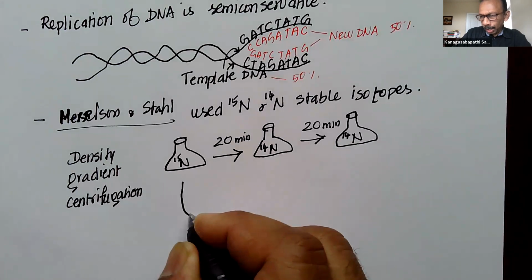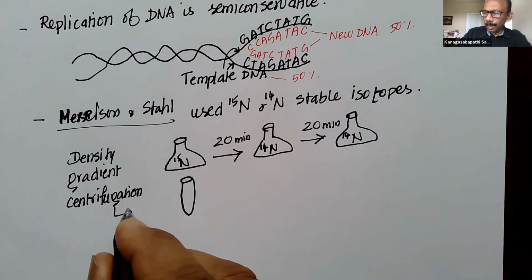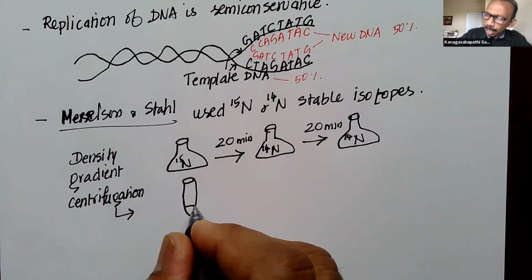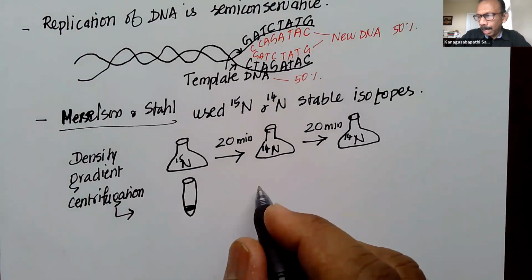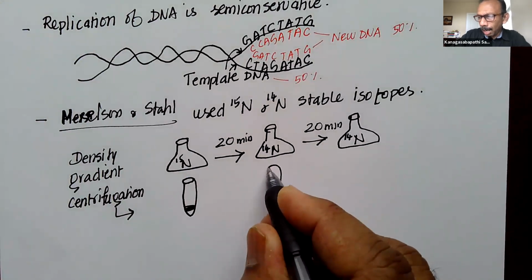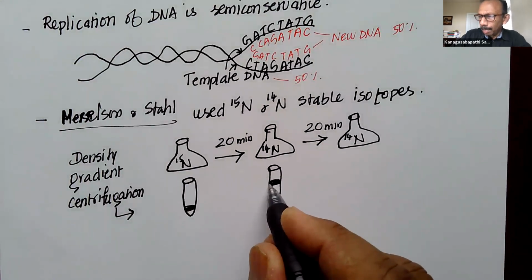So the result of this is that the heavy DNA is at the bottom. And when they copied this, the next one, a combination of N15 and N14, was in the middle.